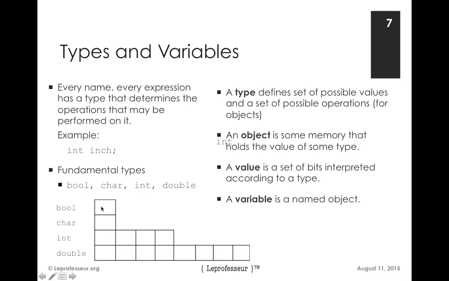Bool, 1 unit. Now 1 unit can be different for different machine architectures, say a 32-bit processor, 64-bit processor, 8-bit processor, and so on, according to what the machine defines. So for simplicity here: bool 1 unit, character type 1 unit, integer type 4 units, double-precision type 8 units.